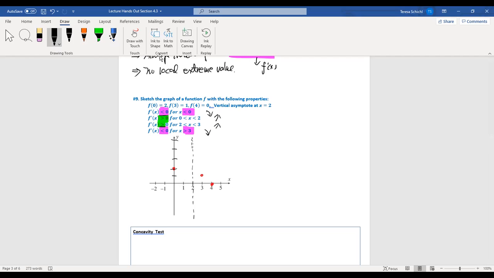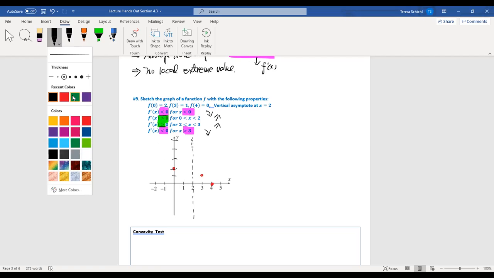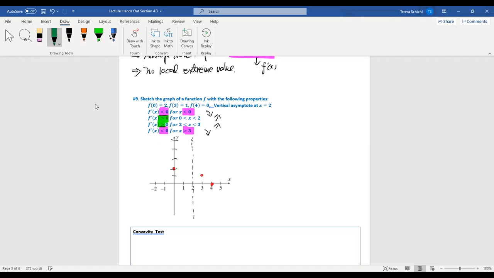Okay, so let's try to graph it. For x less than 0, I know it's decreasing. So I'm going to have some function go like this. All right, let me try to get a different color. So it's decreasing here.